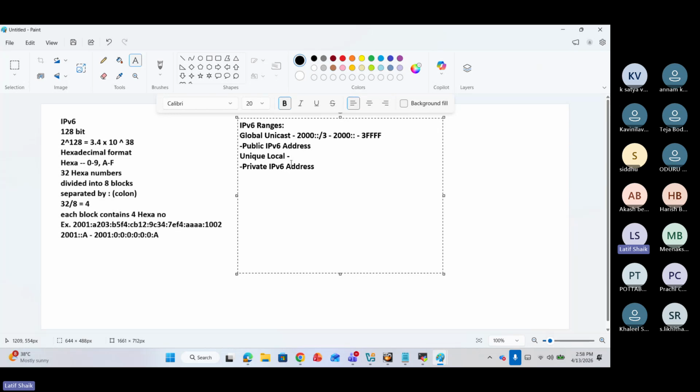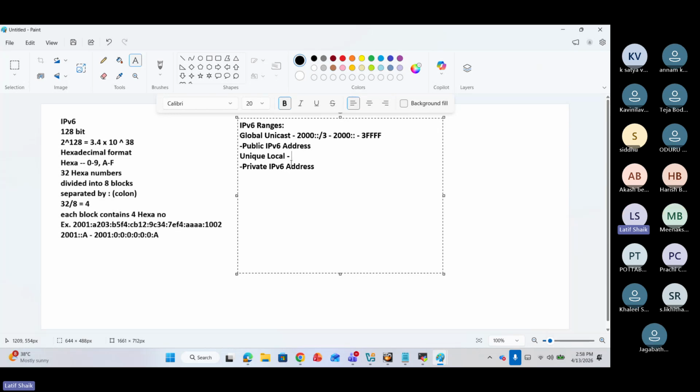You can use the private IP without taking any license or paying any amount, whether it is IPv4 private or IPv6 private. You don't need any license, registration, or payment. Anybody can take a private IP and use it in their own private network.